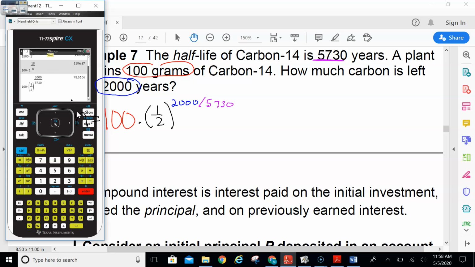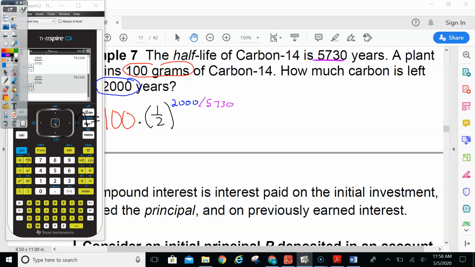And we get this one. Can we have decimals? We're talking about how much, and we're talking about grams, so it's okay to have decimals. So we can do this, 78 point, maybe like 2 decimals, 51 grams. So for grams, it's okay to have decimals. For population, not so much.